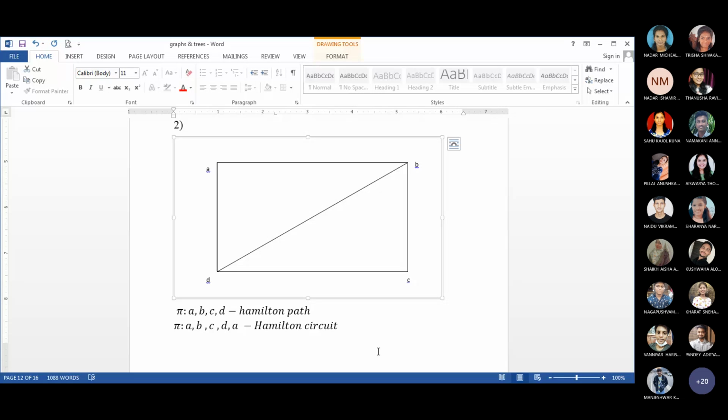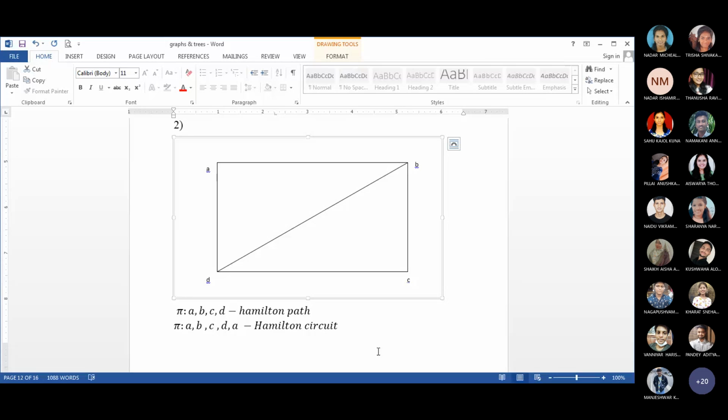What I am telling: E1 is an edge between vertex A and B.